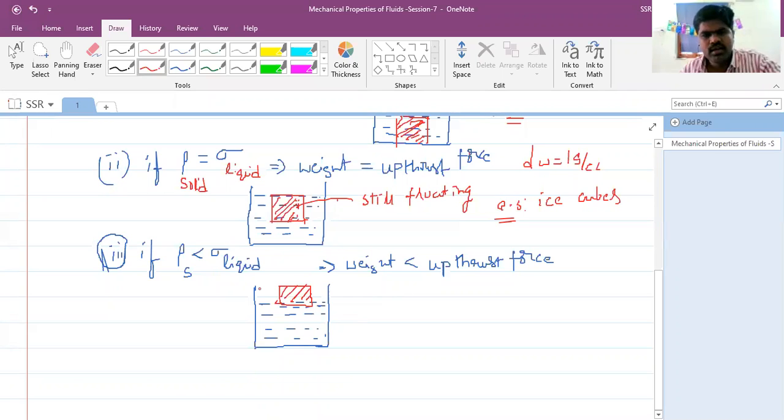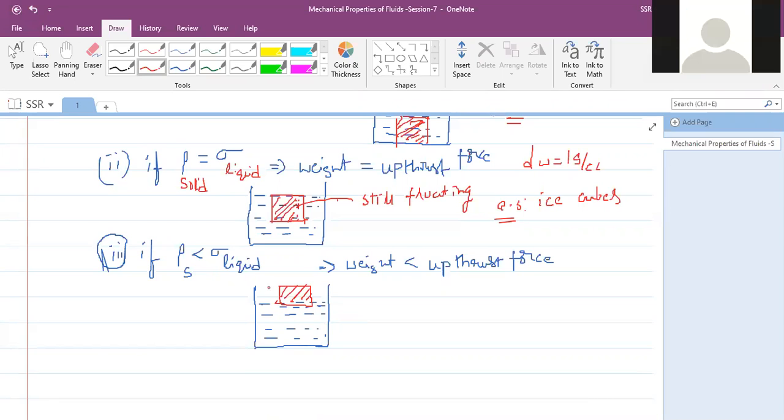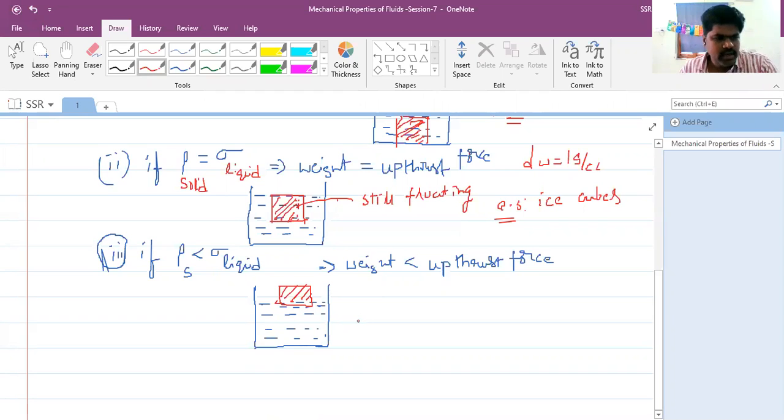If the density of the solid is less than the density of the liquid, the weight will be less than the upthrust force. In that case, the body is partially immersed, or sometimes completely floating. The weight of the body is W equal to mg, which is rho V g. Suppose it is partially immersed, with a small amount immersed here.